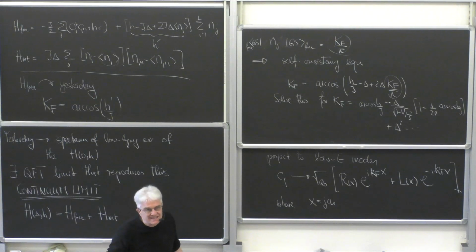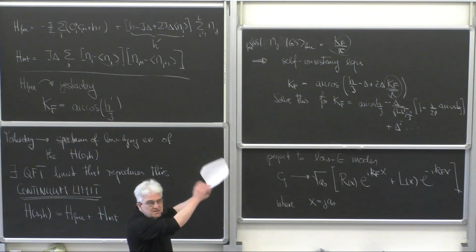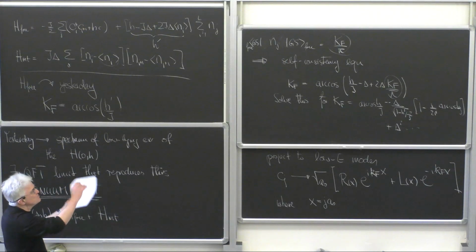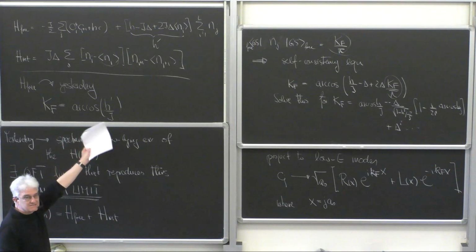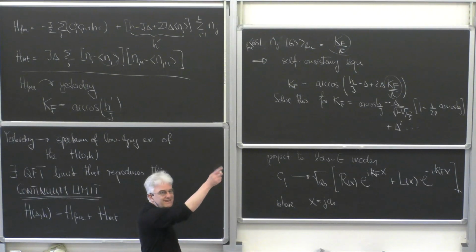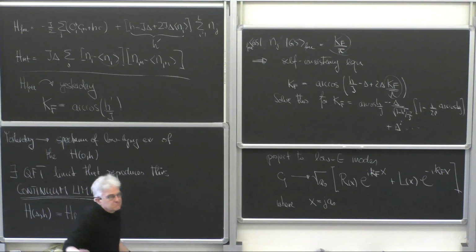I don't have to do that, but I can do it free of charge, so I did it. If you don't like that step, you don't have to normal order the interaction. You can proceed otherwise, then this will come back a little bit later.